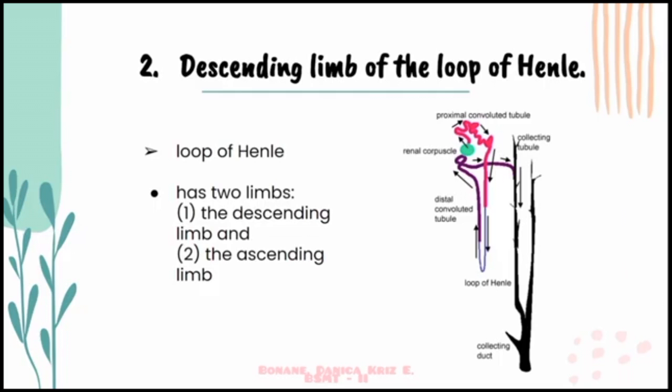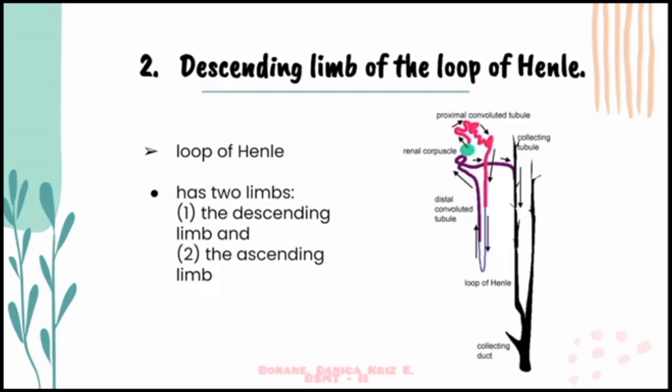The portion of the loop of Henle that extends into the medulla becomes very thin near the bend of the loop. The lumen in the thin part narrows and an abrupt transition occurs from simple cuboidal epithelium to simple squamous epithelium.